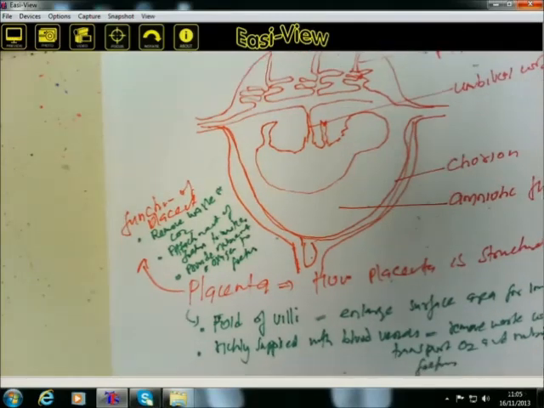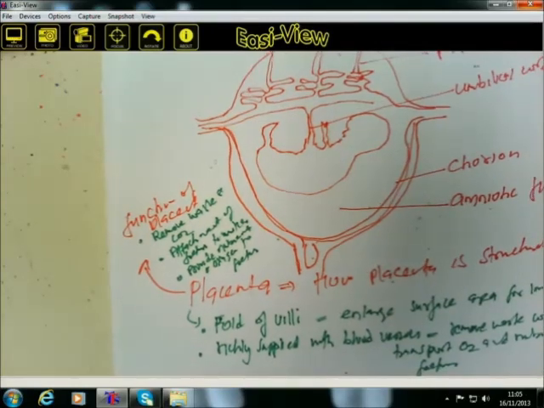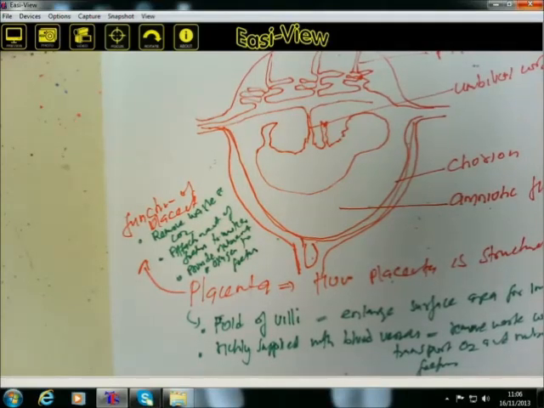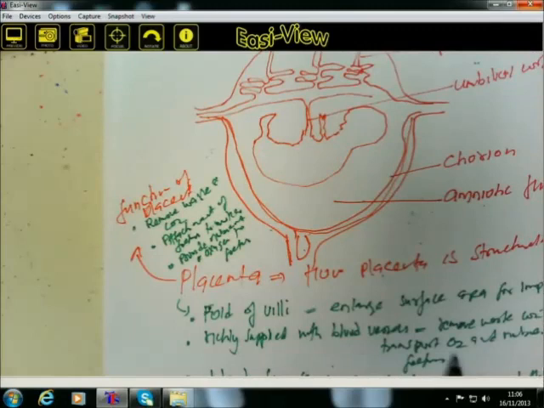And also, it has a semi-permeable membrane. Why a semi-permeable membrane? The placenta promotes diffusion. Diffusion of waste and carbon dioxide from the fetus to the mother, and diffusion of oxygen and nutrients from the mother to the fetus.